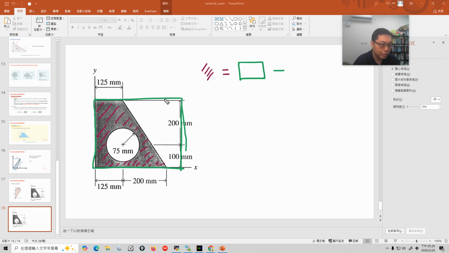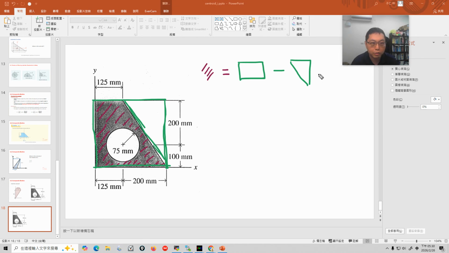Sorry, I should erase this part. So this purple shaded area equals the rectangular area minus this right triangle, and then minus the circle area, because this part is a circular hollow.